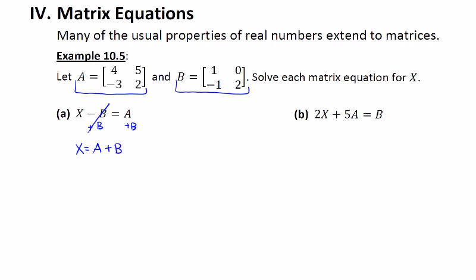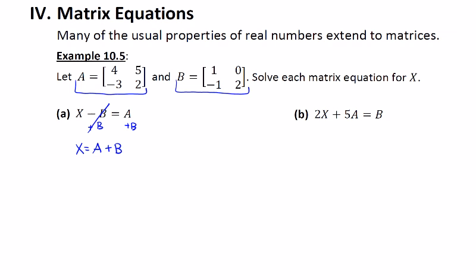So X represents the unknown matrix that we're trying to solve for, but X is being defined here as the sum of A and B. Since we know what A and B are, we should be able to perform this operation and then actually calculate what X needs to be.